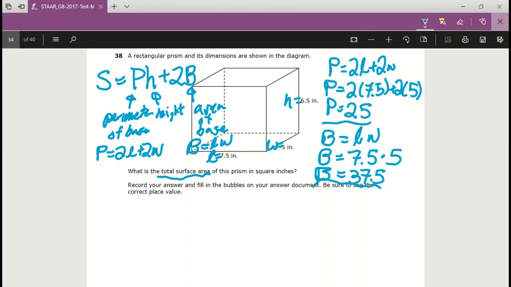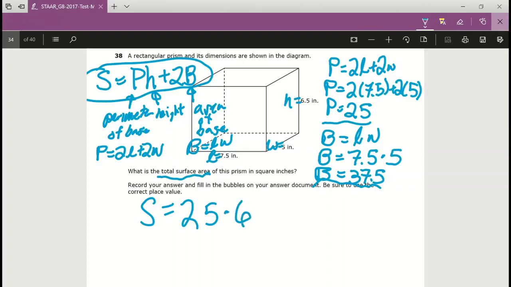Alright, so now I have all the stuff I need. I can use this big formula here. So S equals my perimeter, which is 25, times my height, which I labeled up here at 6.5, plus 2 times my base, which is the area of my base, 37.5.